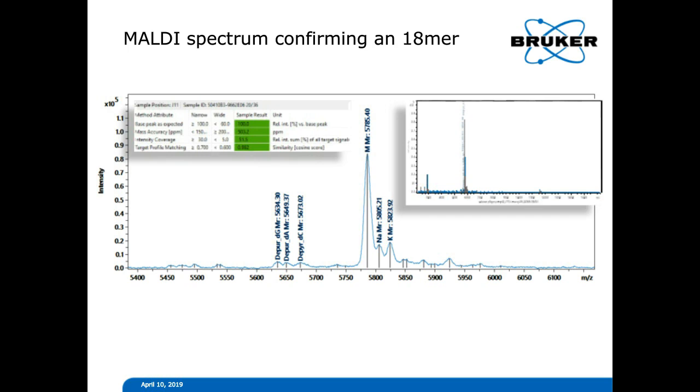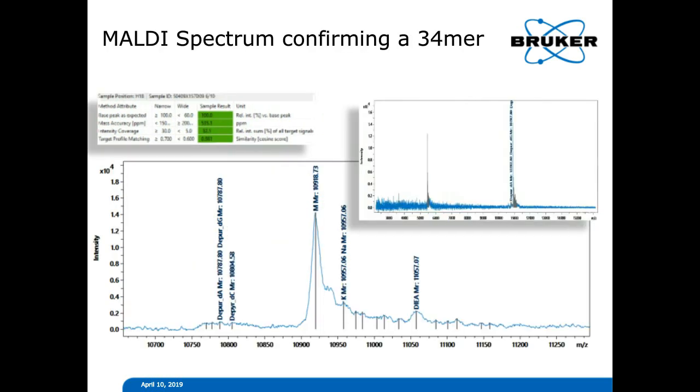Next, we see a larger sample. This is a MALDI spectrum of a 34-mer. We can see the mass at about 10,000 Daltons. Not too many modifications. And again, all of the criteria have a green color coding, indicating that this sample passed the multi-attribute monitoring as well.